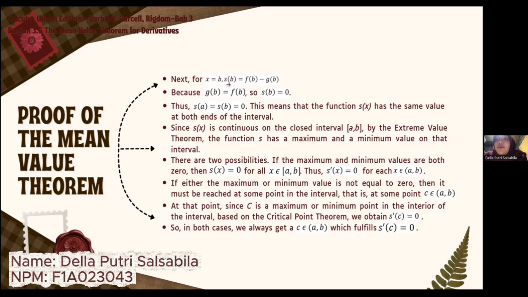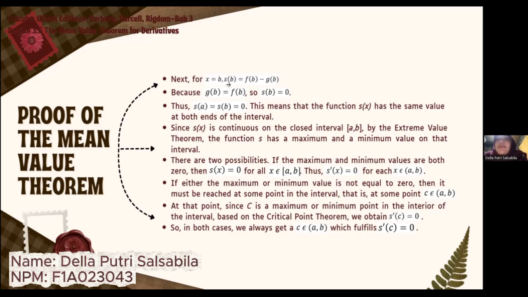If the maximum and minimum value are both 0, then s of x equals 0 for all x in the closed interval from a to b. Thus s prime of x equals 0 for x in the open interval from a to b.